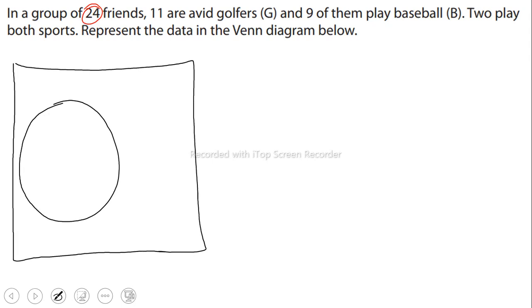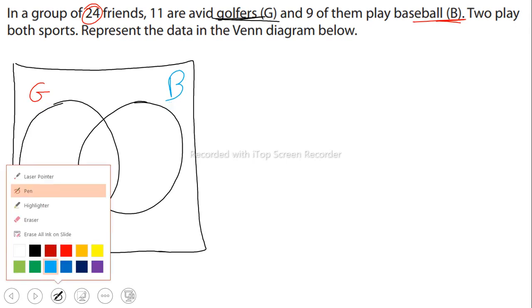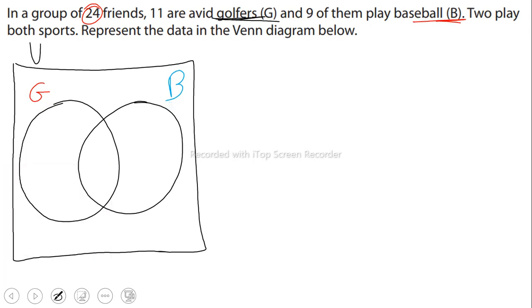Yes. So 2 play both sports. G is golfers, so we're gonna put G there. And we're gonna use B for baseball, so we're gonna use this B here. The universal set contains 24.